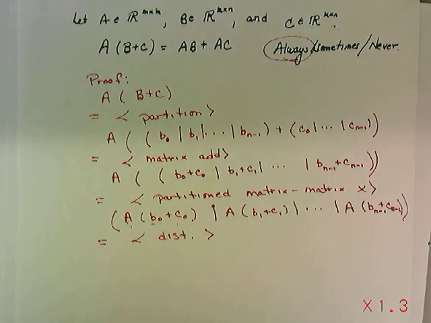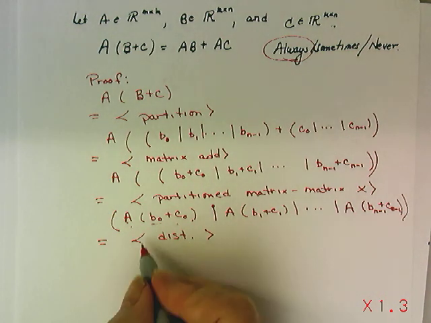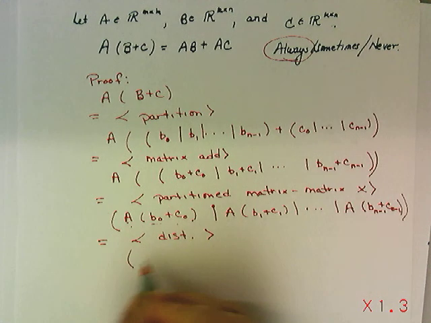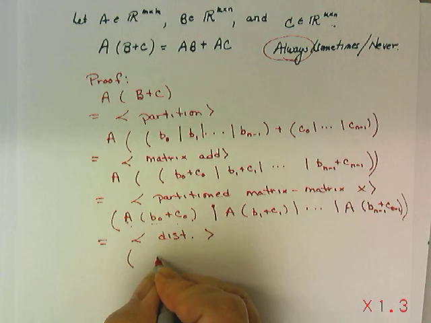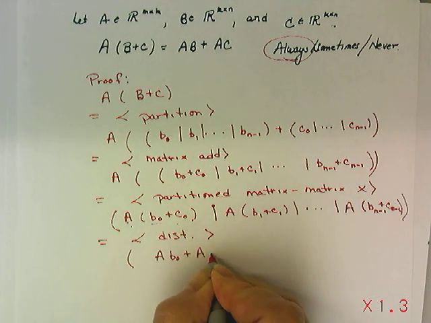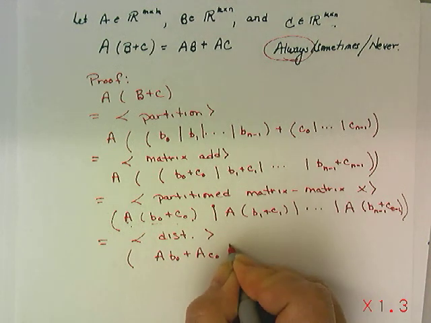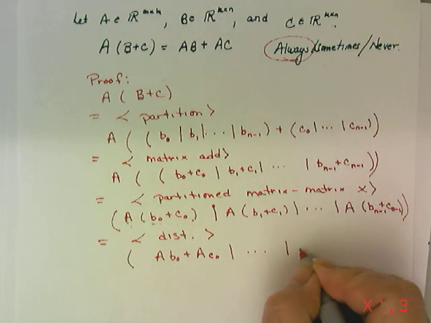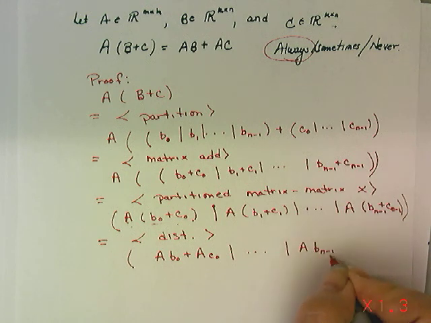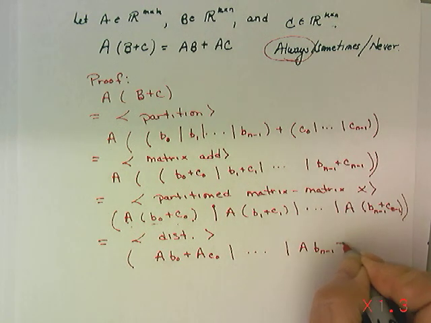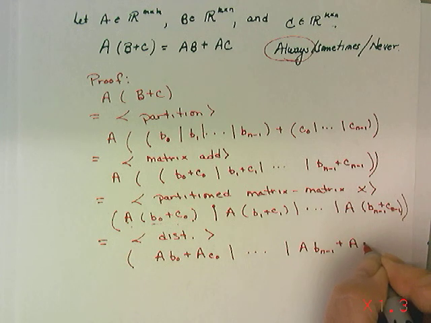And so this is equivalent to a matrix with, well, this column vector is equivalent to A times B sub 0 plus A times C sub 0. And so forth. All of the columns A will distribute. So the last column will be A times the vector B sub n minus 1 plus A times the vector C sub n minus 1.